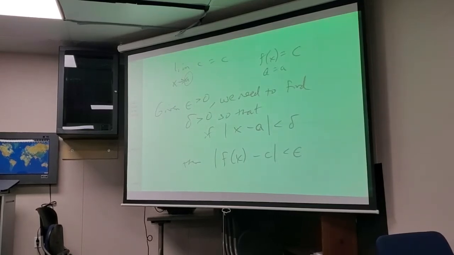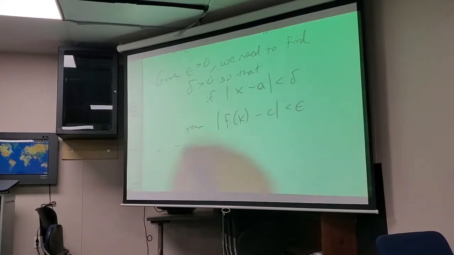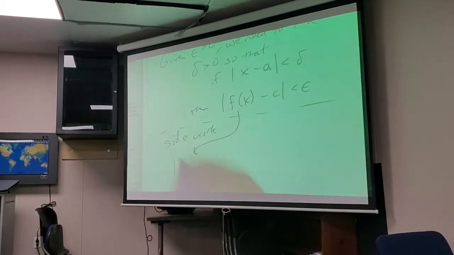And again, this is a weird one to review with, because it's a weird one. So let's try this out. How do I do this side work? I start here. What is the function?